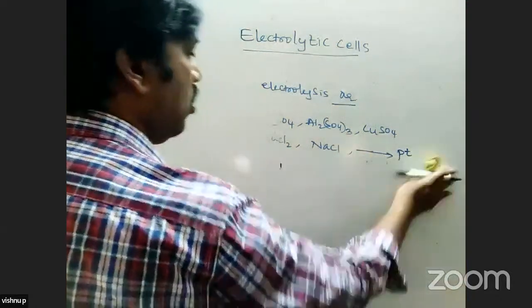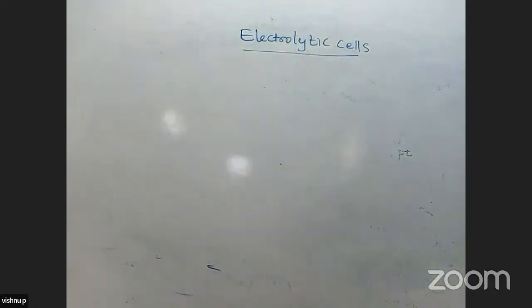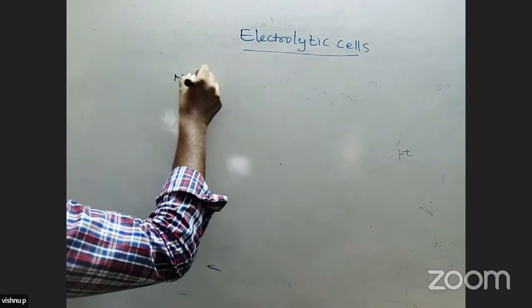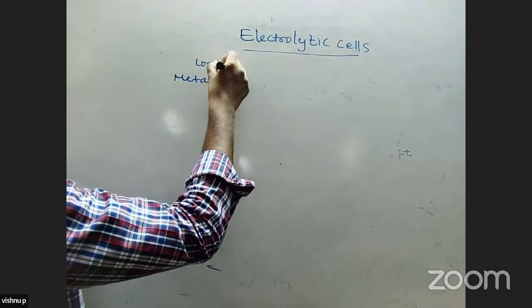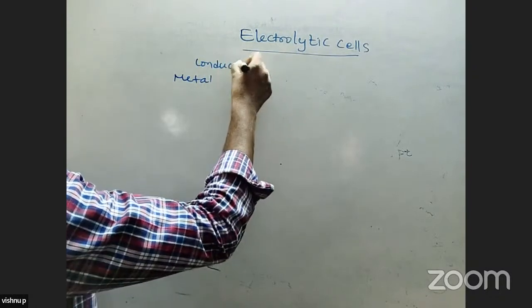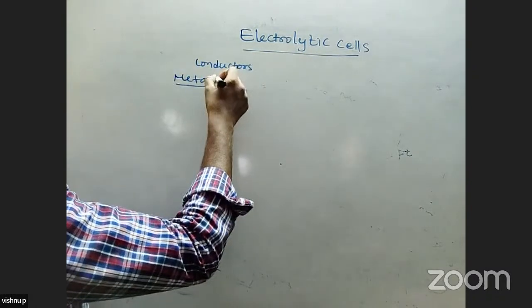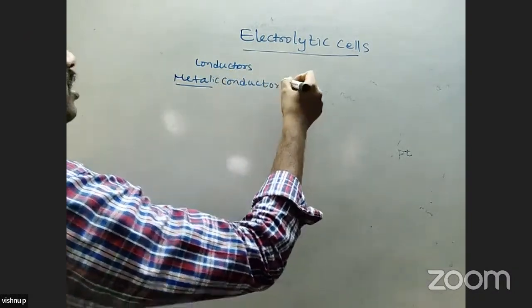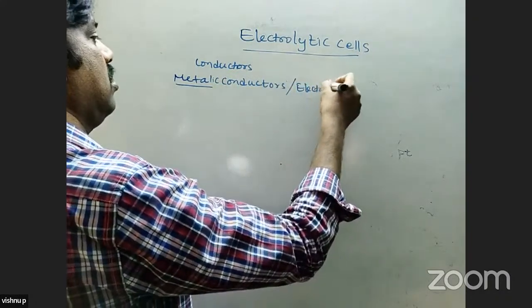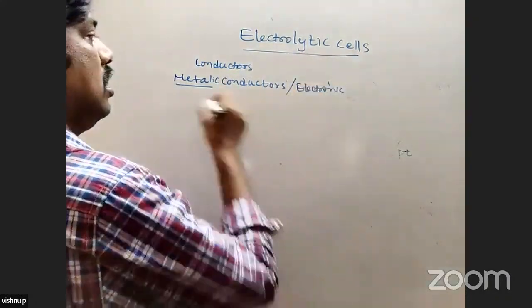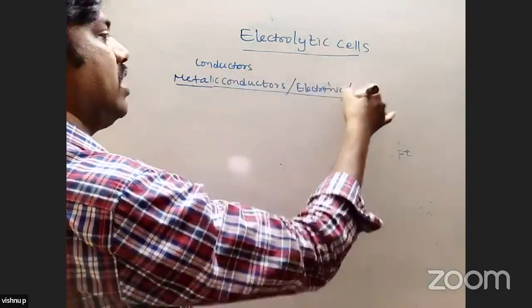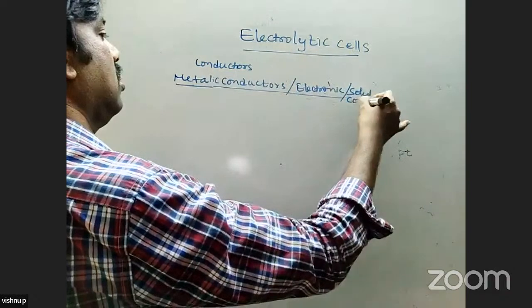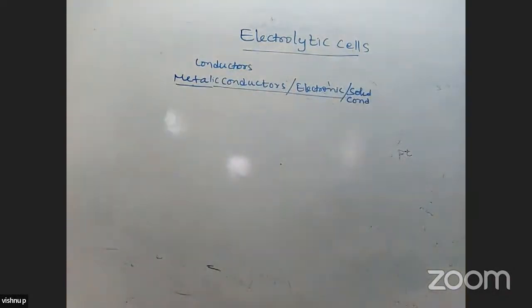Next, in electrolysis, the electrodes are metal conductors. Conductors are of two types. Metallic conductors, or electronic conductors, or solid state conductors. The electrodes we use in these reactions, like platinum and graphite, are called metallic, electronic, or solid conductors.